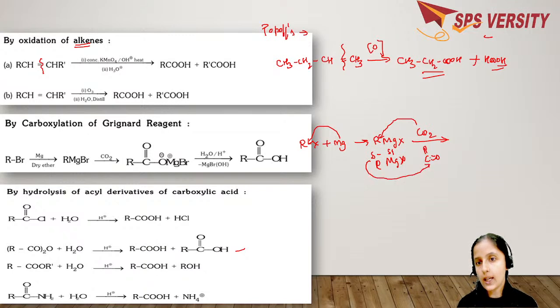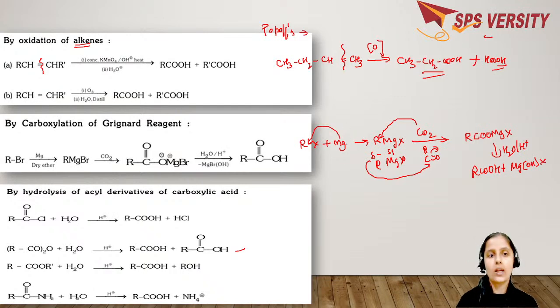This will attack here, giving RCOOMgX. When you hydrolyze it with acid, you get RCOOH plus Mg(OH)X. This is how you get the carboxylic acid from the Grignard reagent.